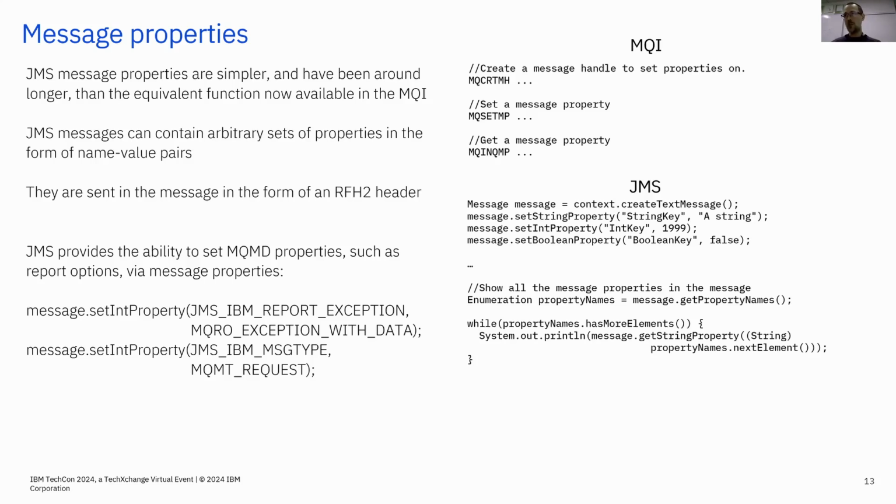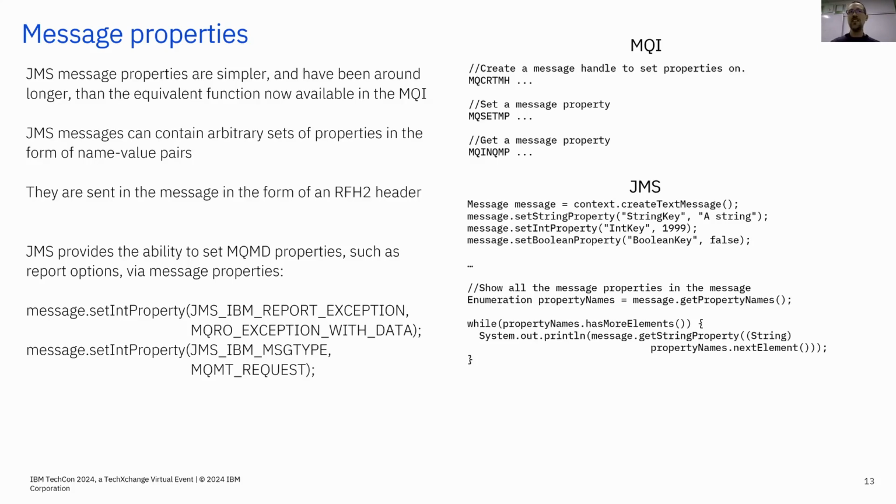The other thing I wanted to talk about is I said there was this hazy mapping between the JMS header and JMS message properties and MQMD properties, and that's because if you want to set specific MQMD properties with JMS, you can, but that's done via message properties, and you can see that in the bottom left hand of this image.